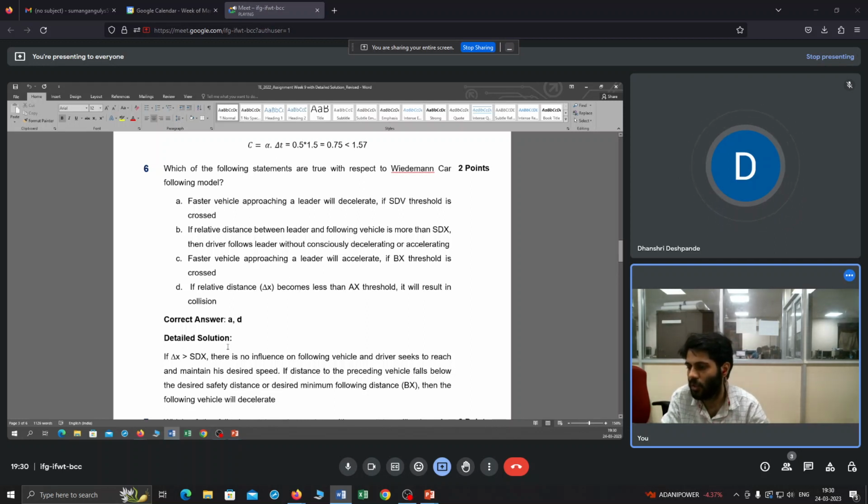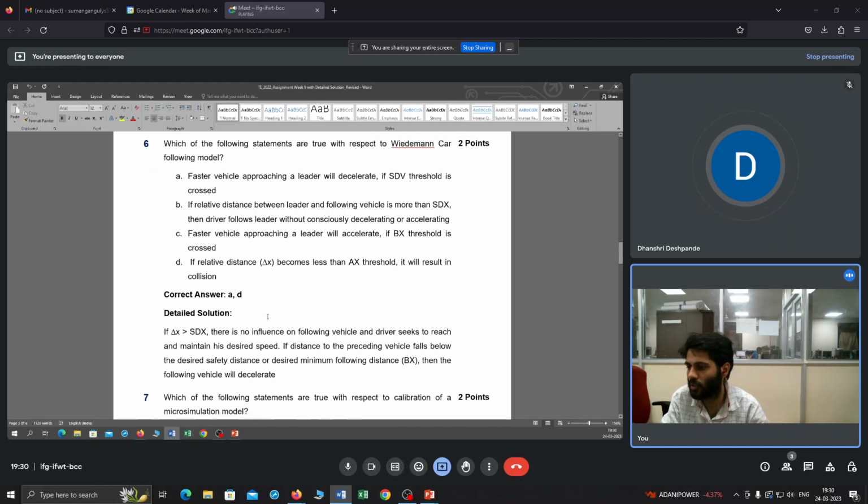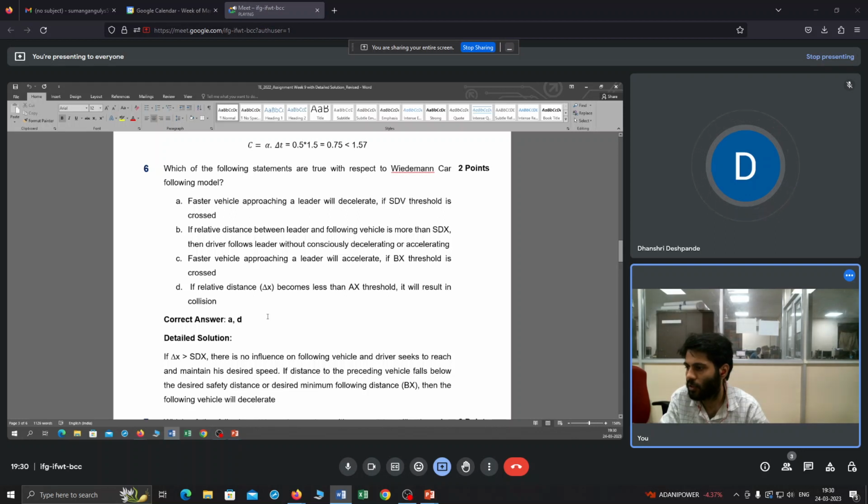If distance falls below the desired safe distance, then it will decelerate. So if your relative distance between the leader is more than your safe distance SDX, then the driver will not react.